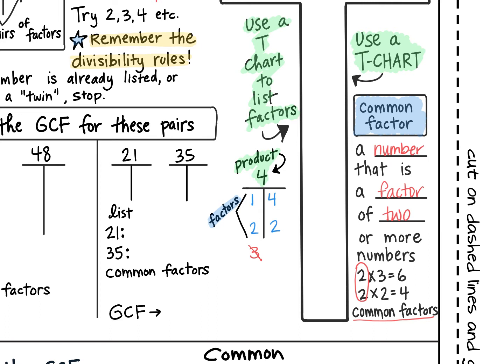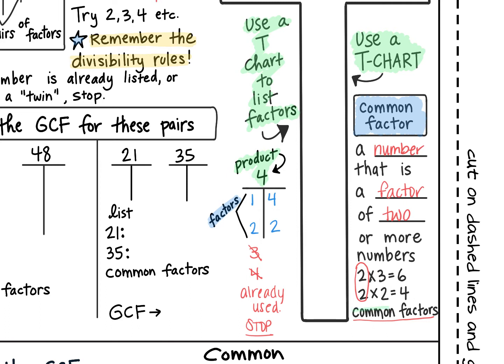And then 4 does work, but because we already used 4 on this side, it's considered like a twin in a sense. Because it was already used, you would just stop. Because when you're looking for the factors, you might only think of a certain amount, but they do sometimes go beyond that amount.